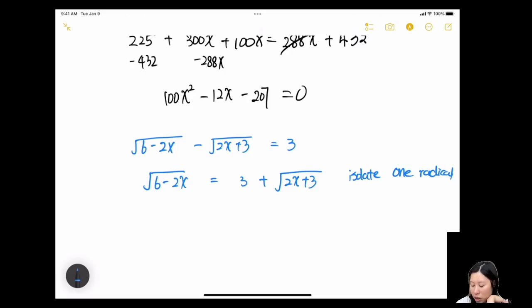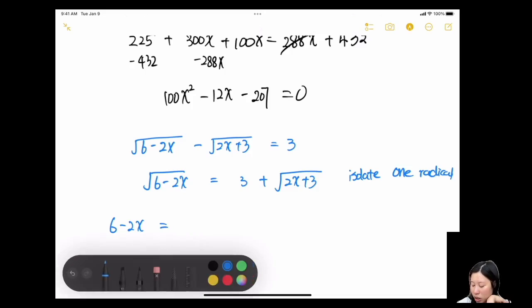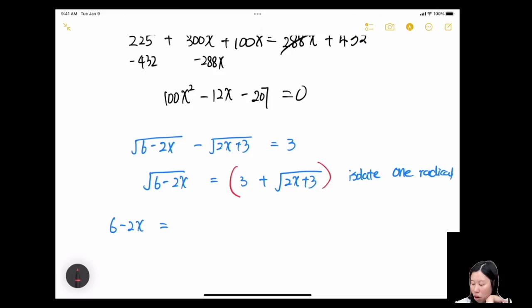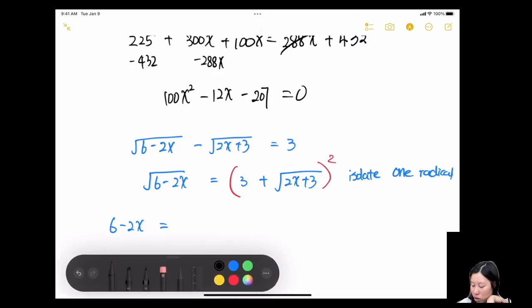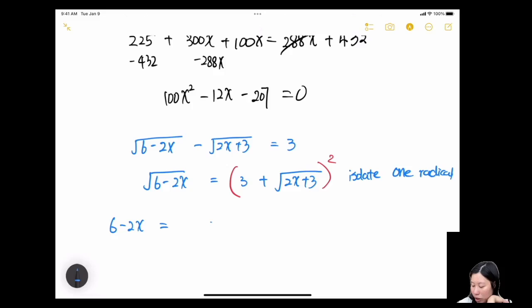I will have 6 minus 2x. This one is not hard. Now, this part is the hard part. So I will have what? 3 squared, which is 9, add 2 times 3, which is 6, times the square root of 2x plus 3. Okay, I hope I don't make any mistake again.